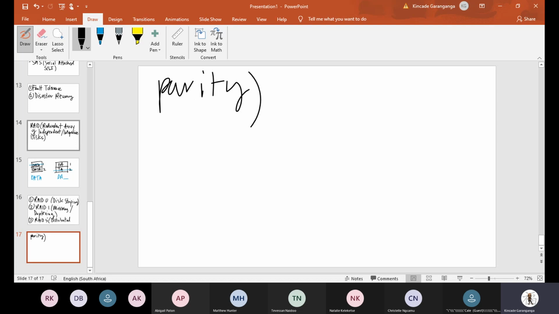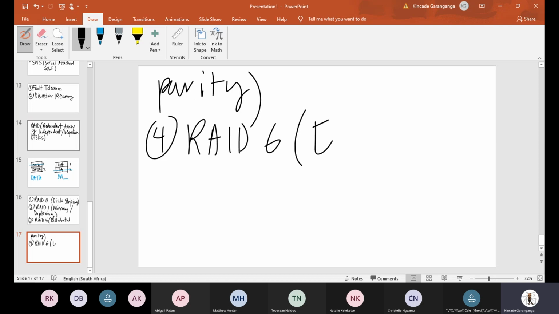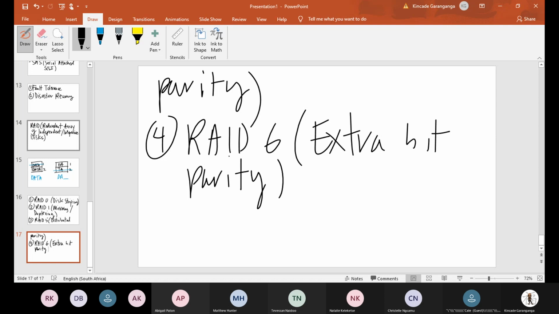And then you can also discuss RAID 6. And instead of using distributed parity, this one uses extra bit parity. So we can just say extra parity or extra bit parity. And then you can now talk about the nested RAIDs. So your nested RAIDs can either be RAID 1+0.